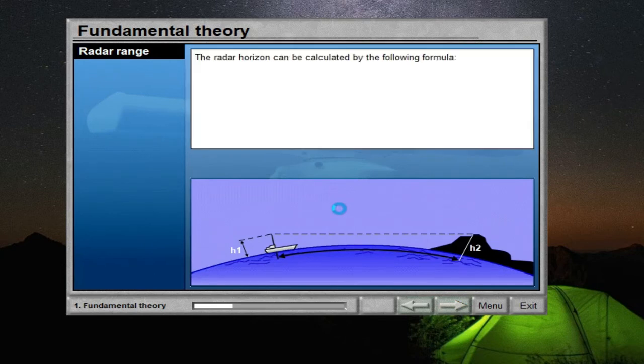The radar range will vary with changing weather conditions, however. During standard atmospheric conditions, that is 1013 millibar air pressure, 0 altitude and an air temperature of 18 degrees centigrade, the following formula can be used.